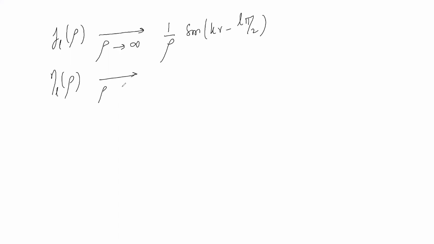Therefore, if I talk about j_l(rho), where rho is kr, for rho very large, on the last turn I wrote it as 1 by rho sine(rho minus l pi by 2), and eta_l(rho), for rho going to infinity, I wrote it as minus 1 by rho cos(rho minus l pi by 2).